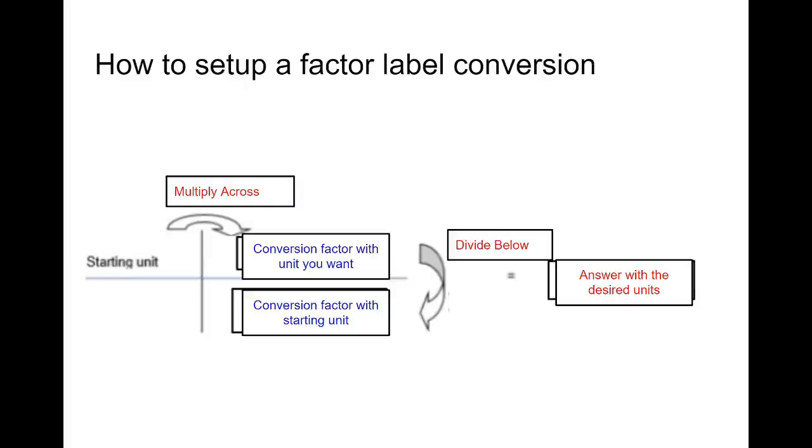You put it on the bottom of the grid. So the conversion factor with the starting unit is what goes on the bottom of your factor label grid. You want to match those units diagonally so they cancel out. Now, what you're converting to, what you're being asked for in the question, well, that's something special.